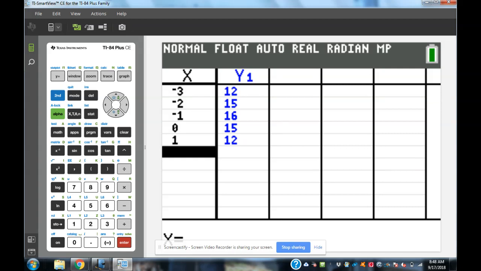Anytime you get that error, hit zoom 6 and it usually fixes. What are the x-intercepts? It's supposed to be -5 and 3. Hey, I can check those right there too. That's handy. All right. Now, I've got my table: 12, 15, 16, 15, 12.